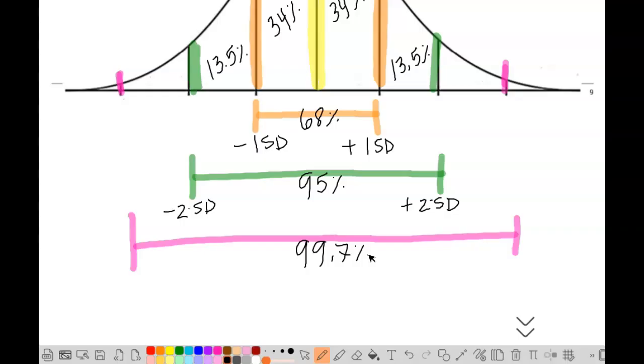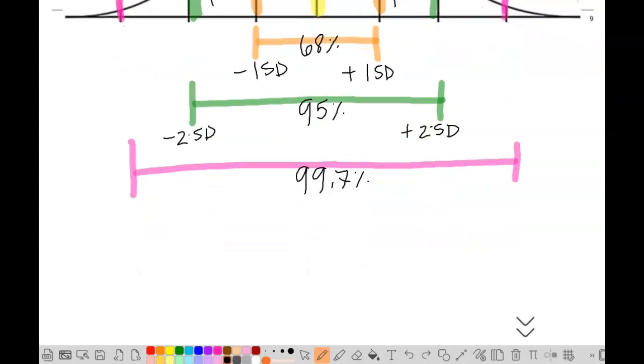Okay, so here at the 3rd standard deviation from the mean, you will do plus 3 times the standard deviation and minus.